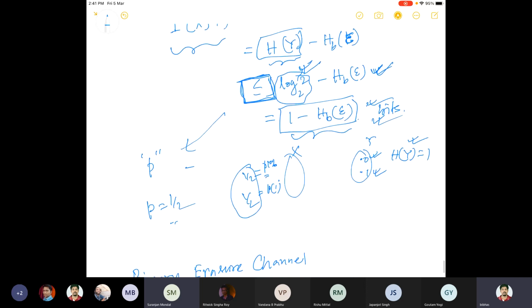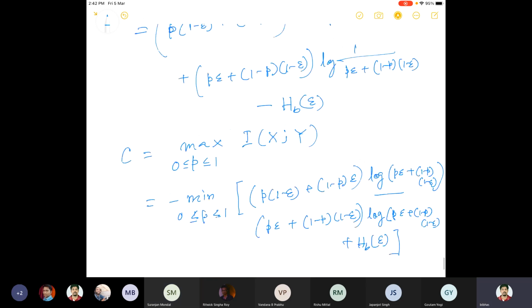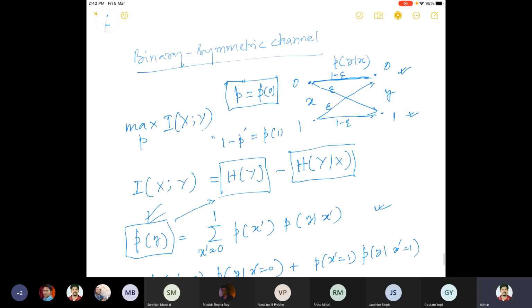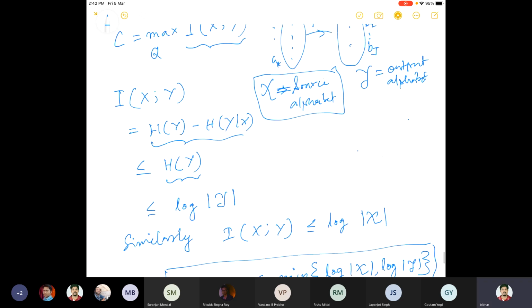Sir, how can we write that H of y is less than or equal to log 2 base 2? Then you have to go and see my lecture notes where we discussed entropy. Here we use that. In fact, today also I used it. Here you see, here I used it. So H(y) is less than or equal to log of the size of y, which is the number of alphabets for y.